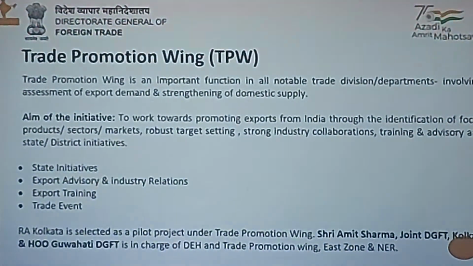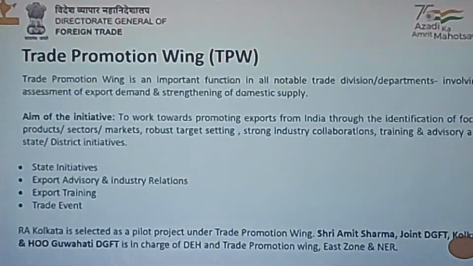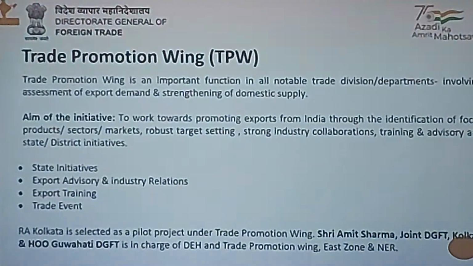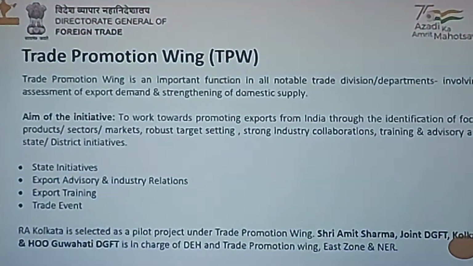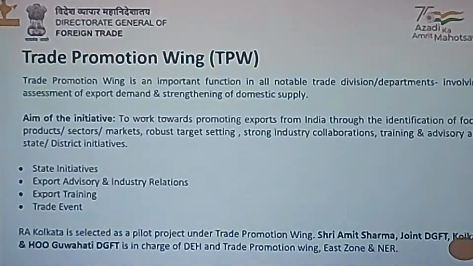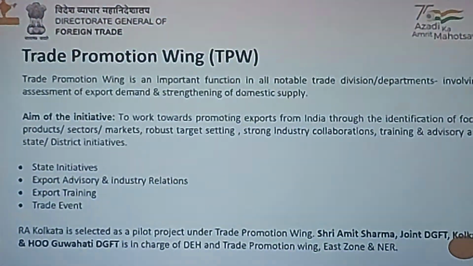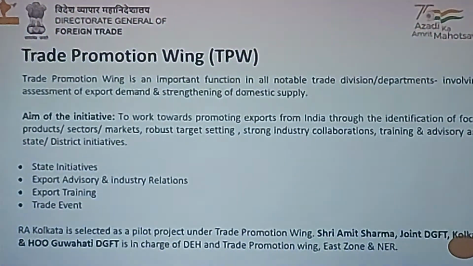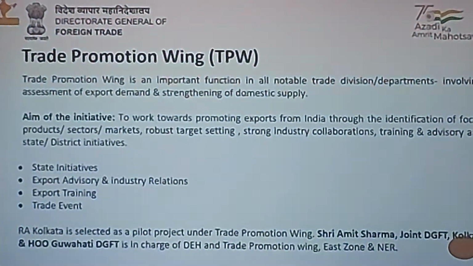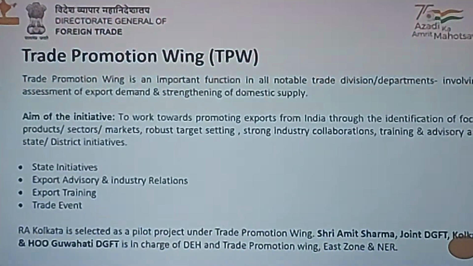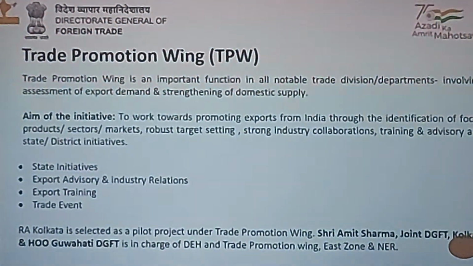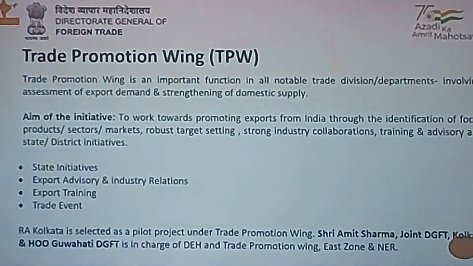A trade promotion wing has been constituted in 6 offices of DGFT all over India on a pilot basis. The 4 pillars of that trade promotion wing would be, first, state initiatives. One particular vertical is that we would be assisting states. We would be advising them to take some initiatives with respect to exports. We will be taking their feedback on what issues they are facing, and that will be forwarded to our headquarters and taken up with various line ministries.